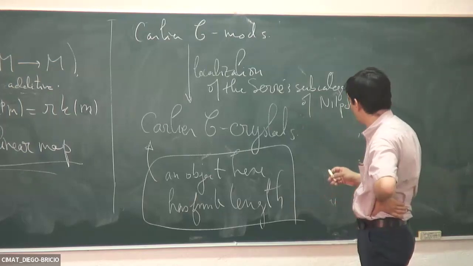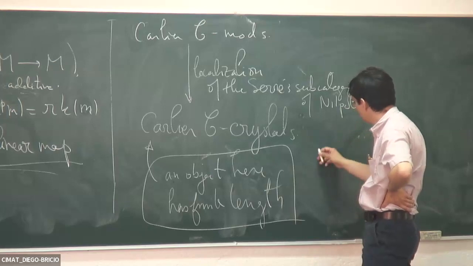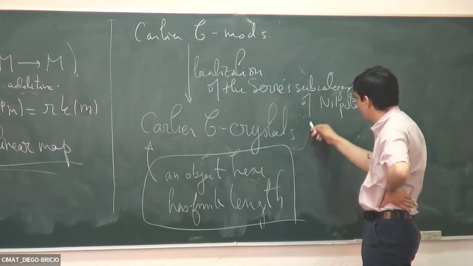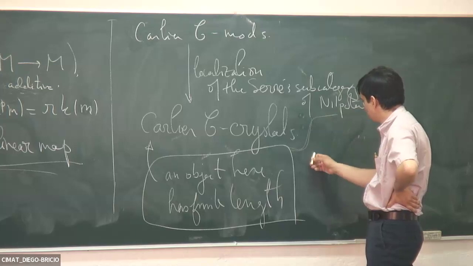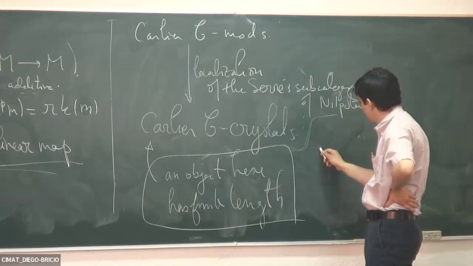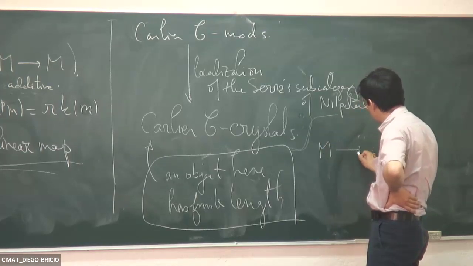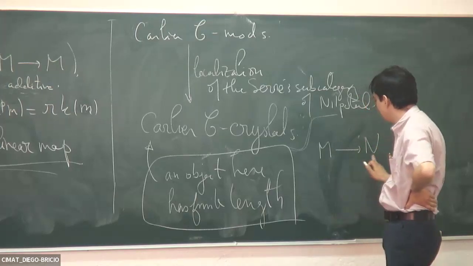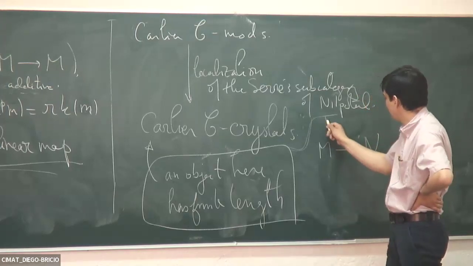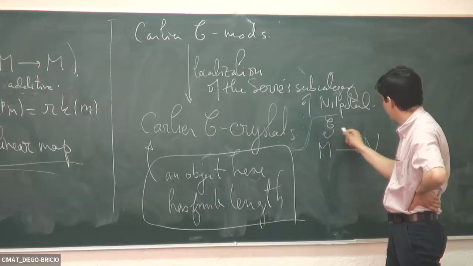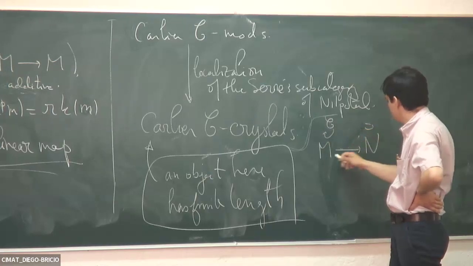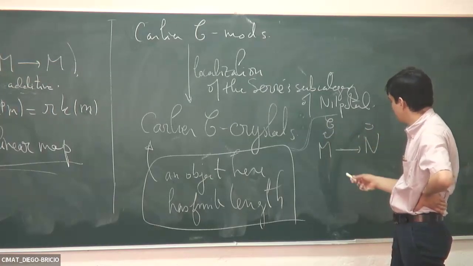So essentially what you do, well, it's formal, is that if you have two Cartier modules, meaning that they are R modules in particular, but you have an action of Z on both of them, and the map here is compatible with that action.